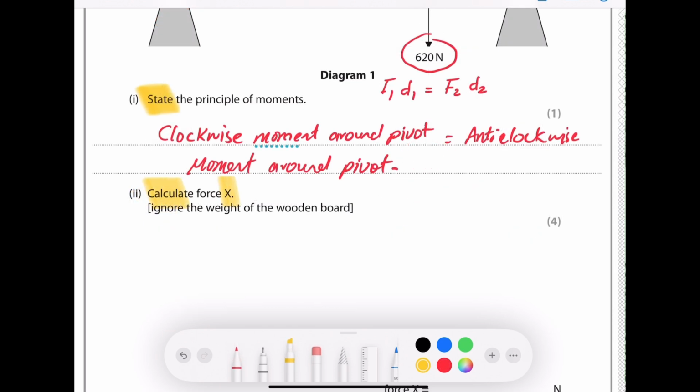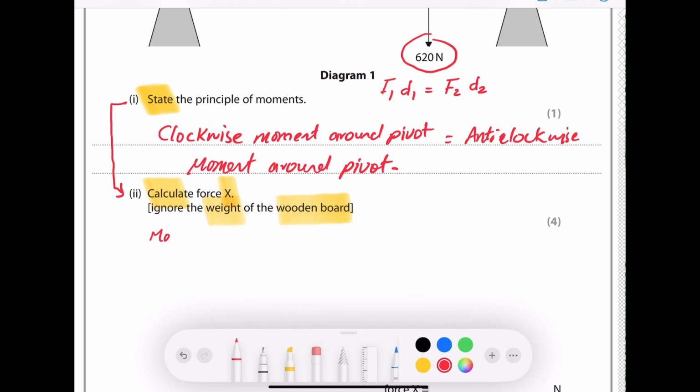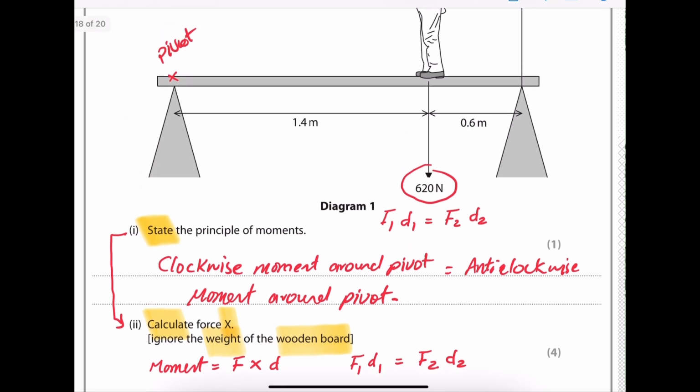Calculate the force X, and ignore the weight of the wooden board. So I have to ask myself, how can I calculate the force? Firstly, use the section I in part II. Moment is a force times the perpendicular distance from the pivot. Apply the principle itself, which is F1 times D1 equals F2 times D2. We have 2 forces and 2 distances.